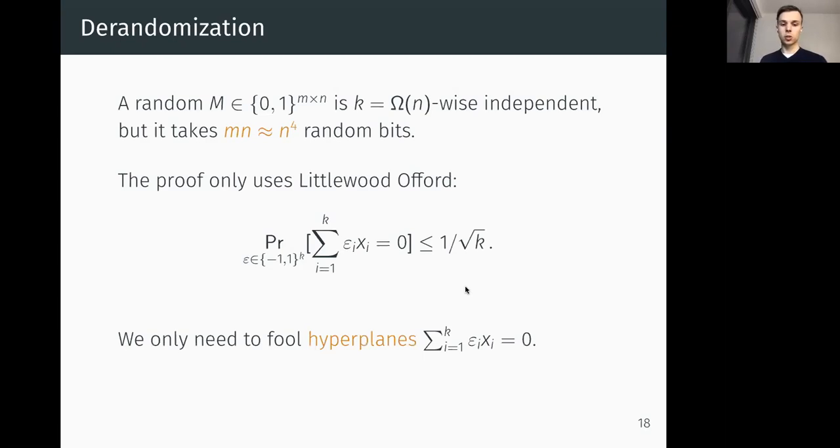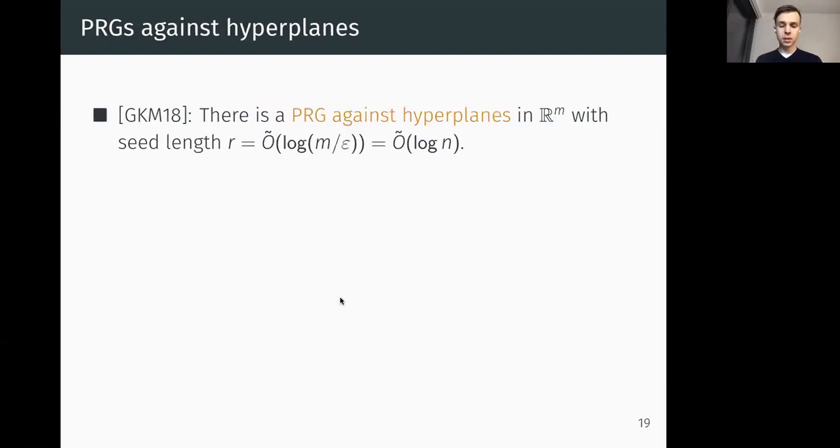And so we basically need to fool the hyperplanes, these equalities. The probability of satisfying this equality has to stay about the same under the PRG, when we sample the columns of the matrix from the PRG, and under the uniformly random signs. There is a PRG that works against hyperplanes, and originally against half spaces, and it uses O tilde of log n seed length, with the tilde hiding a log n squared factor.